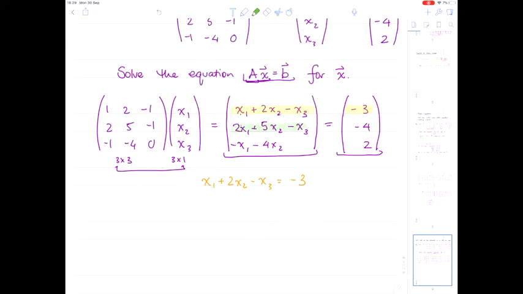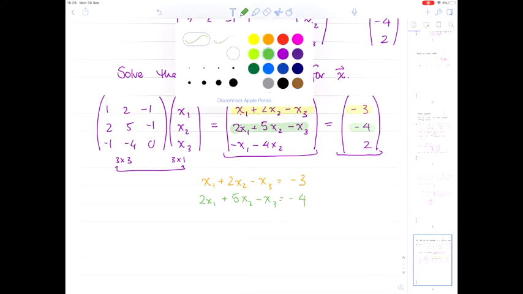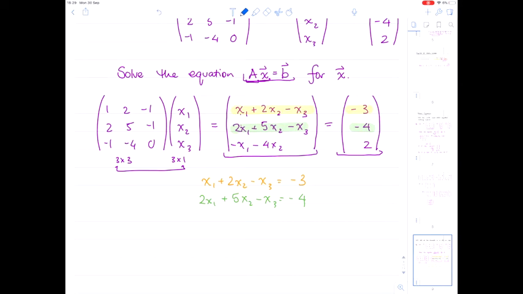We also need to have that the second row matches, so we need to have 2x1 plus 5x2 minus x3 is equal to minus 4. And then finally we need to have that minus x1 minus 4x2 is equal to 2.